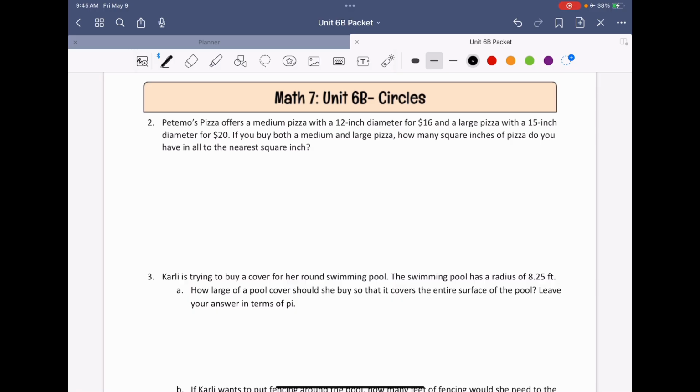Okay, so I've got two different pizzas, a 12-inch pizza and a 15-inch pizza. So this is a medium pizza and a large pizza. And I want the total square inches. So remember, if it's square inches, that's immediately asking me for area.